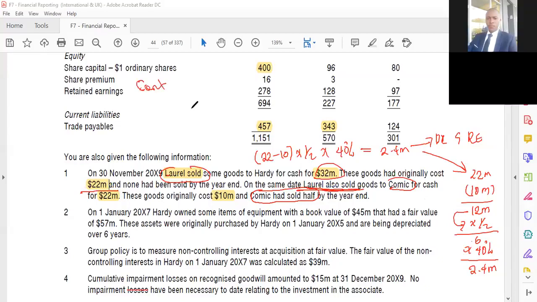The substance of control is that when you control, it means you own what they have. The purpose of group accounts is to report their financial statements as belonging to a single entity, not as separate entities. So the parent and the subsidiary are married.